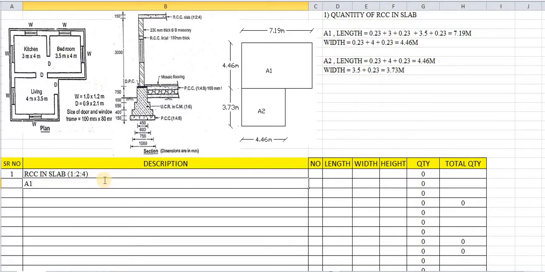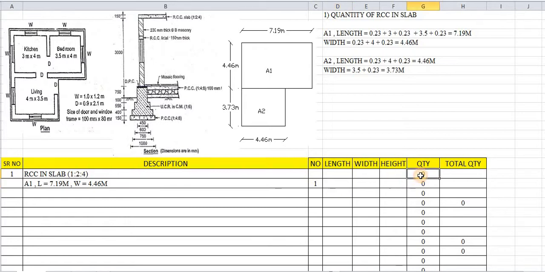We will take this as L1, or length. What is the length of this? 7.19, so we will write down 7.19 meters. What about the width? Width W is 4.46 meters. How many areas are there? Only one area.